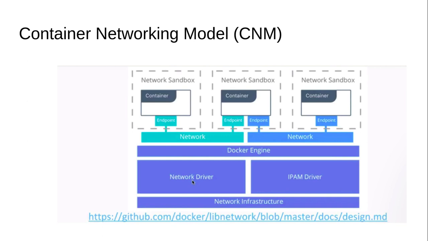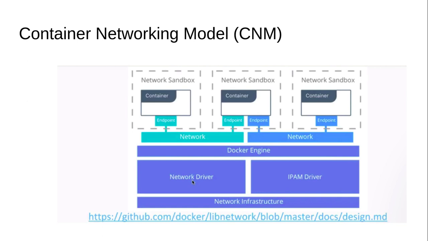Next is the network driver. What is this network driver? There are basically four important network drivers in Docker. First is the none network driver, next is host, third is bridge, and fourth is the overlay network.